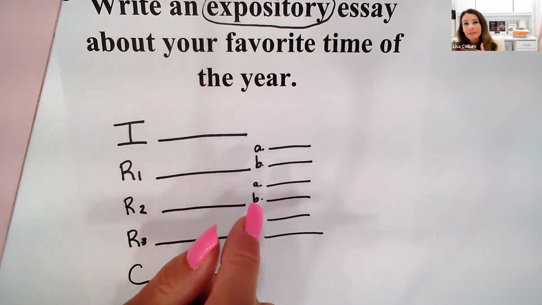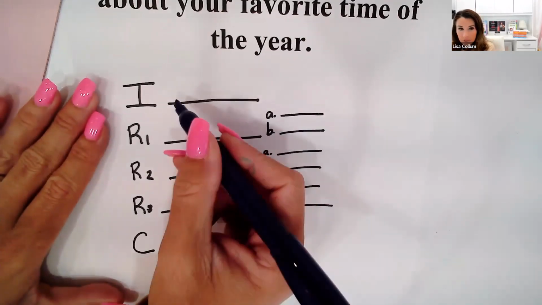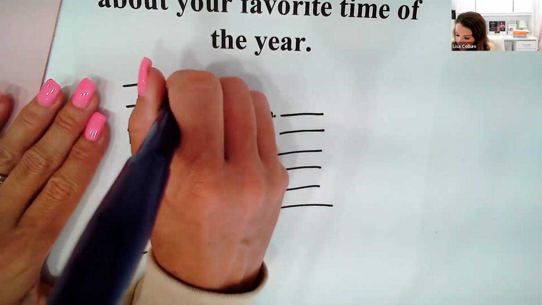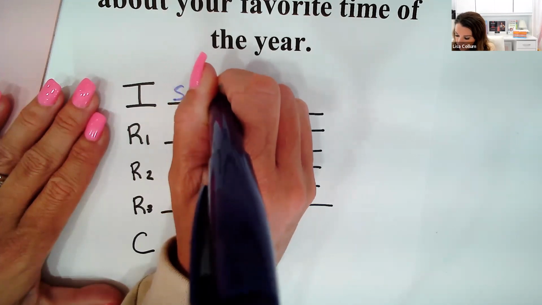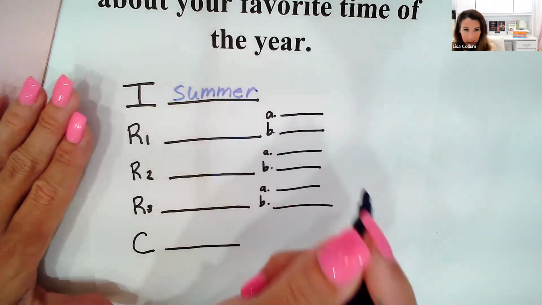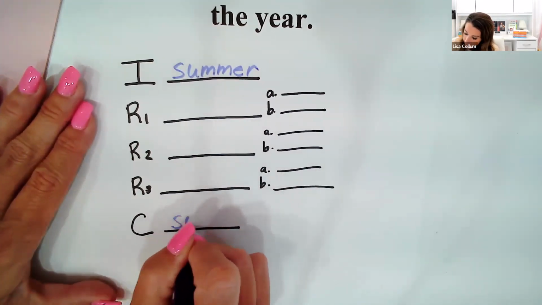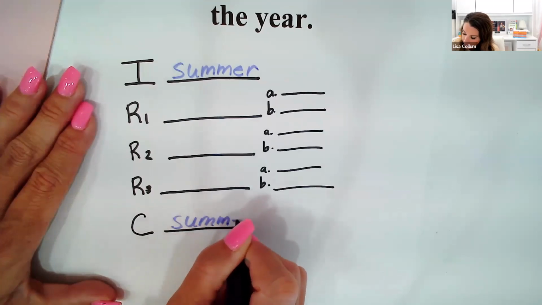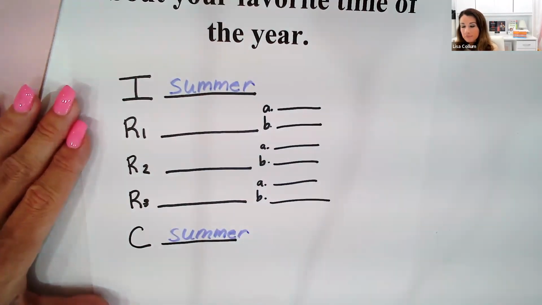So because I'm picking summer, I have to write summer on the I and the C line. So go ahead and write summer on the I line and on the C line, because that's what we're picking as our favorite time of year.